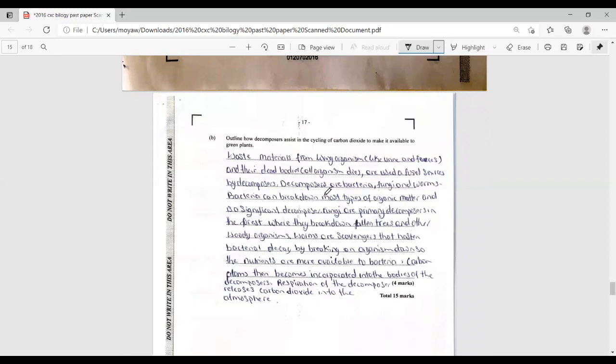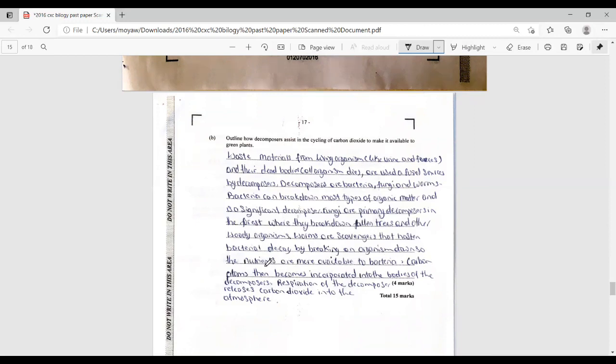Bacteria can break down most types of organic matter and are significant decomposers. Fungi are primary decomposers in the forest where they break down fallen trees and other woody organisms. Worms are scavengers that hasten bacterial decay by breaking an organism down so the nutrients are more available to bacteria.